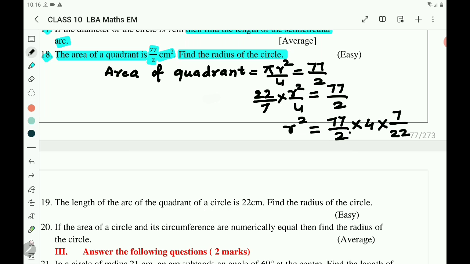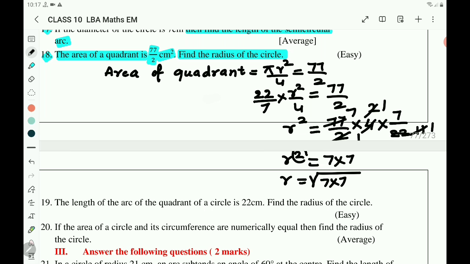Now 2 ones are 2, 2 twos are, again 2 ones are 2, 11s are, 11 ones are 11, 7s are. So you got r square equals 7 into 7. Then r is equal to root 7 into 7.